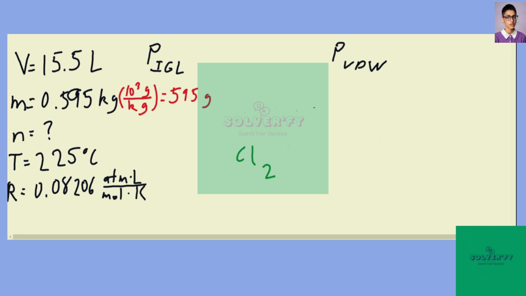So instead, what we're going to find is that chlorine will have a molar weight of 70.90 grams per mole.